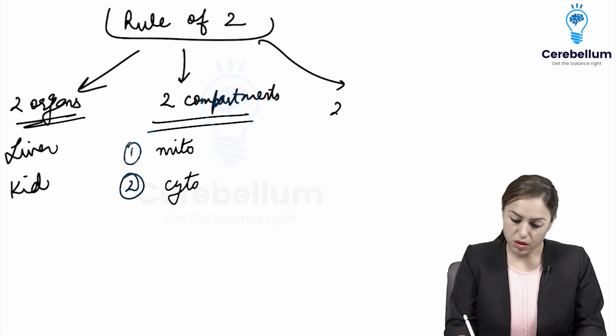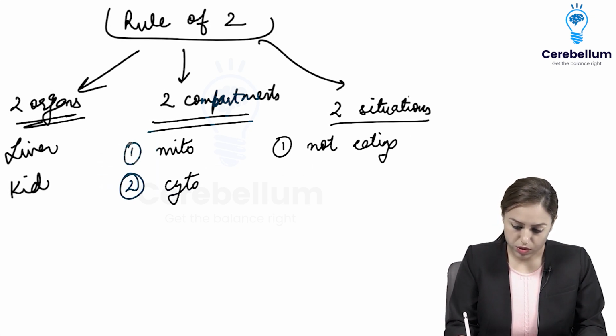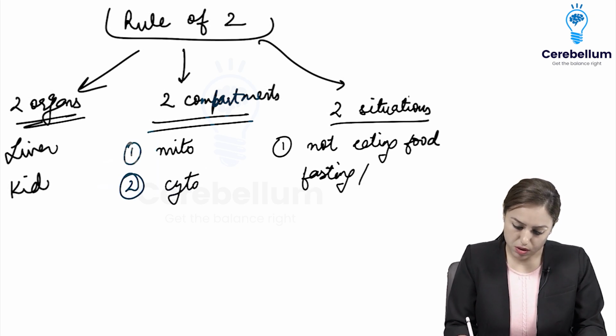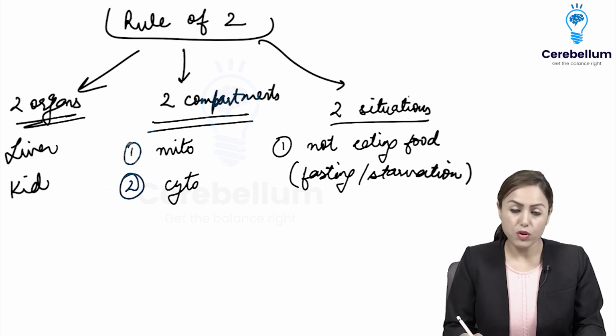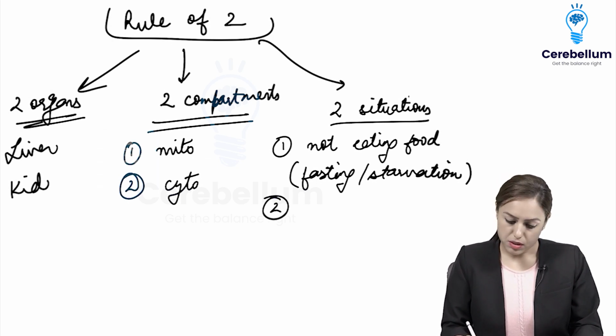Then it occurs in two situations. One situation is not eating food, means not in fed state, means the body is either in fasting or starvation. So when we are not eating food, either in fasting or starvation, then gluconeogenesis will occur. Then second is diabetes.